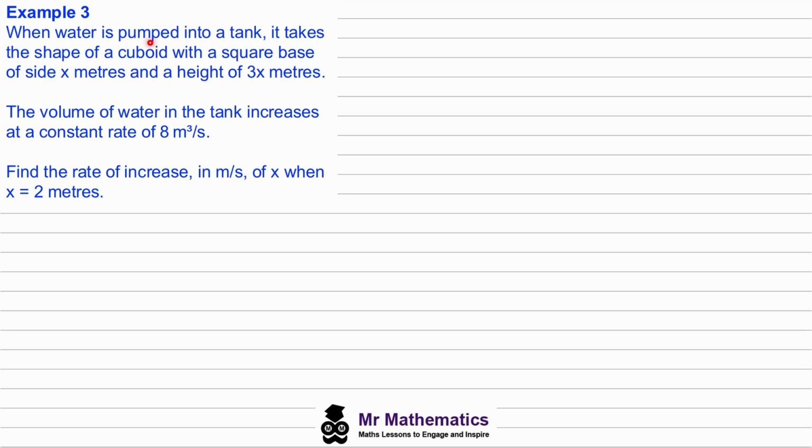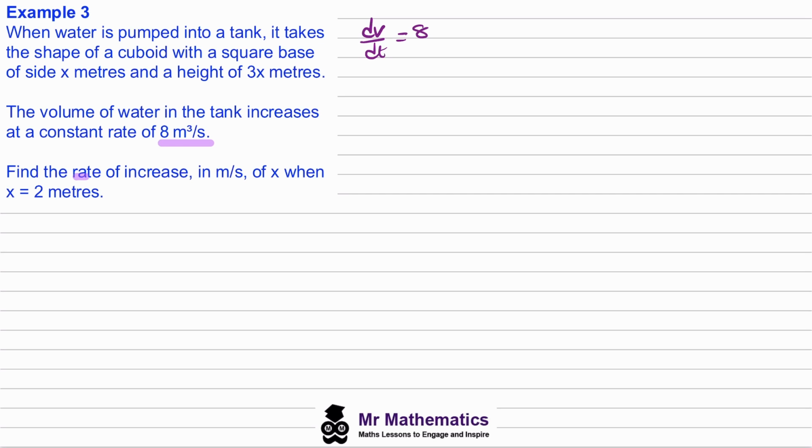We're told that when water is pumped into a tank, it takes the shape of a cuboid with a square base of side x meters and a height of 3x meters. The volume of water in the tank increases at a constant rate of 8 meters cubed per second. So this is dV by dt, the rate of change of volume over time, and this is 8.